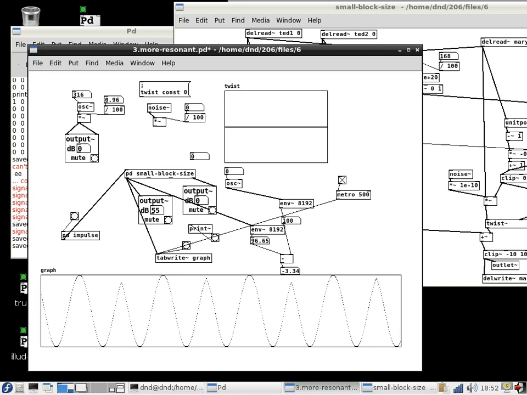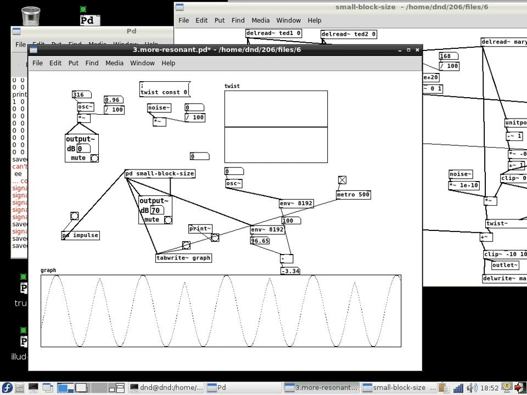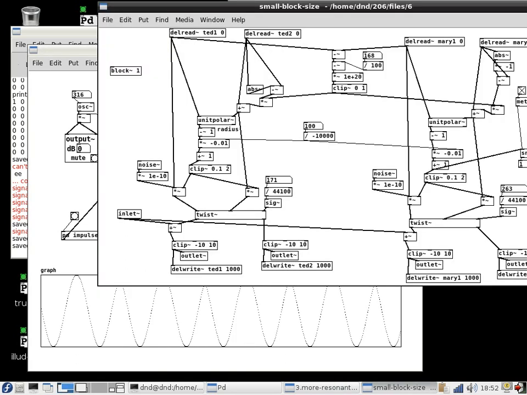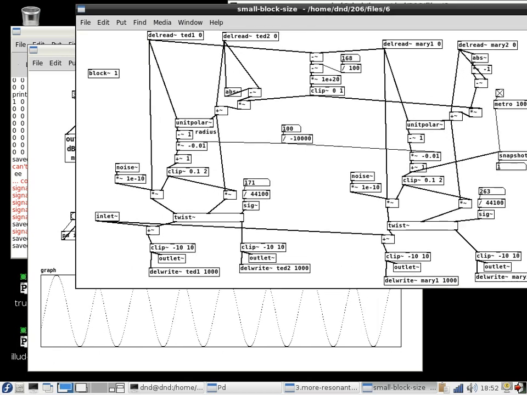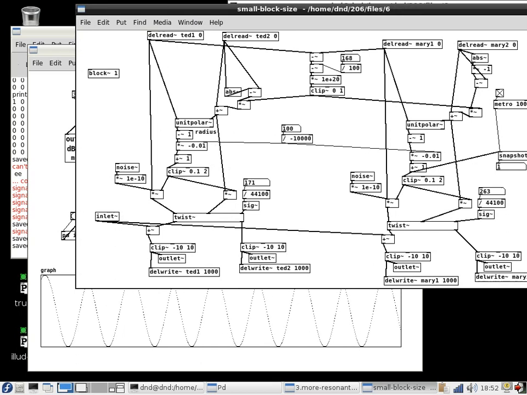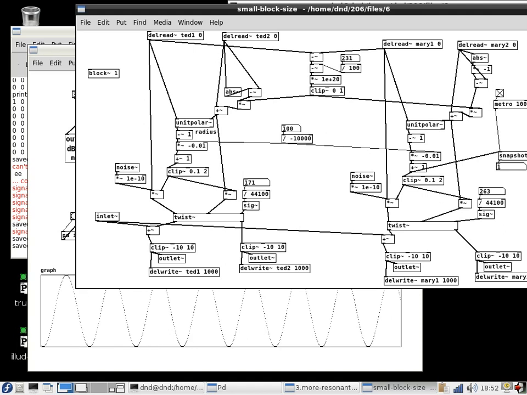So let's do this. And a thing to mention is that things operate differently when these are neighboring, as opposed to at crazy intervals. So now we're 3 to 2-ish, but.